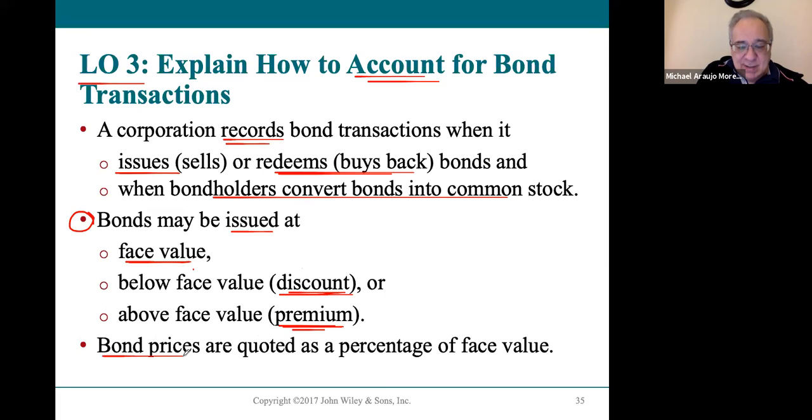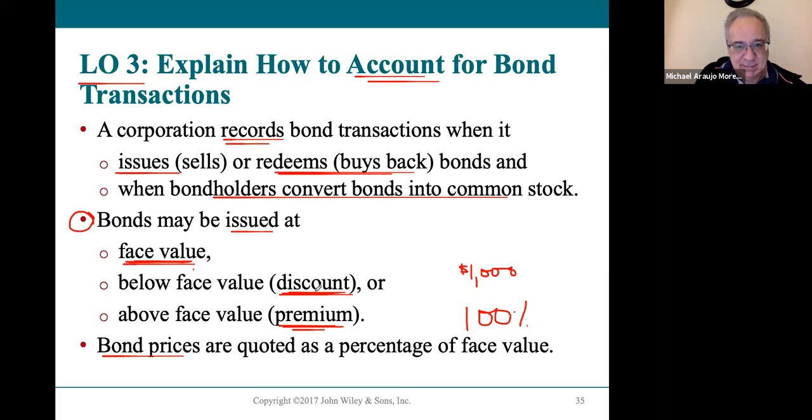Bonds have prices. They're priced at a percentage of face value. So 100%, remember, each bond is $1,000. So to sell a bond at face value, you sell it at 100% of $1,000. $1,000 is $1,000, right? If you're selling that $1,000 bond at a lower price, you're selling it for less than 100% of the value.